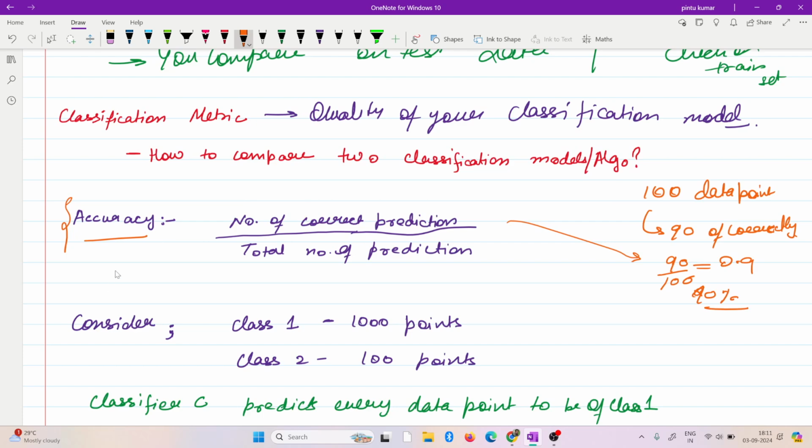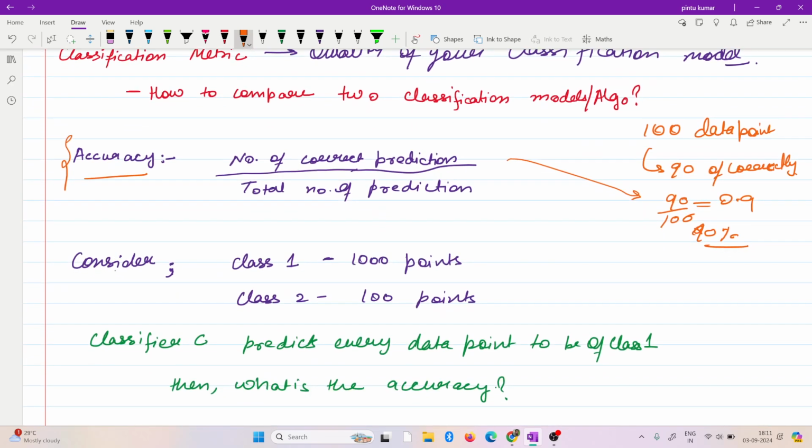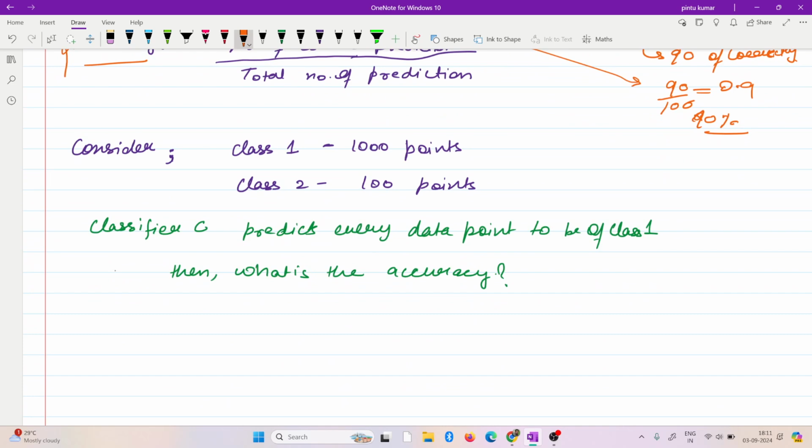This is the most intuitive thing that can come to our mind, right? But there is a drawback of this metric. Let's say your data set is imbalanced. Let me give you an example. Let's say you want to train a model where if you give it an image of an animal, it should tell you the name of that animal, whether it is a dog or a cat, or let's consider some rare animal.